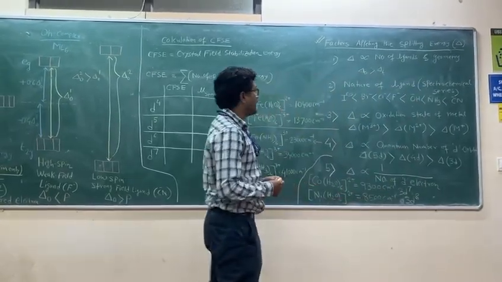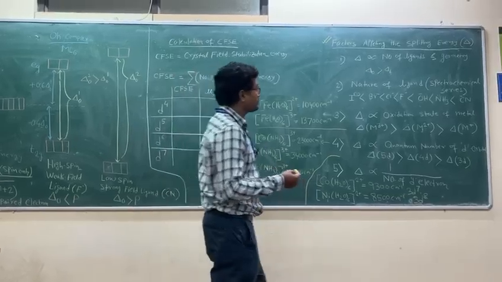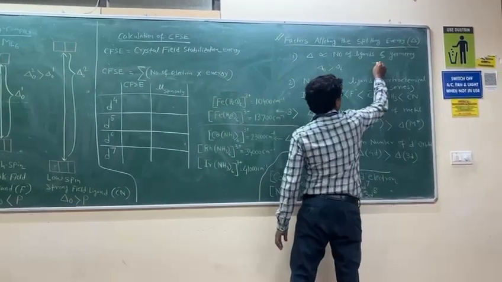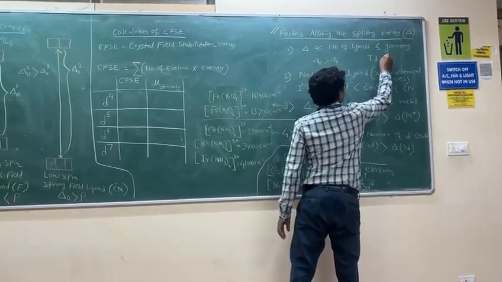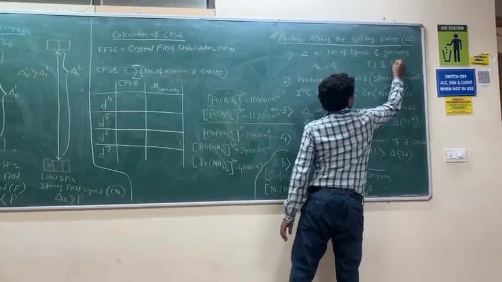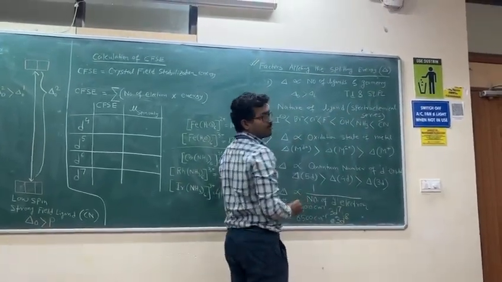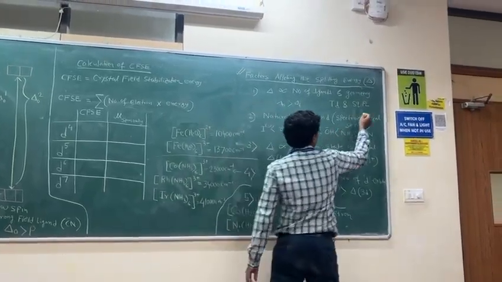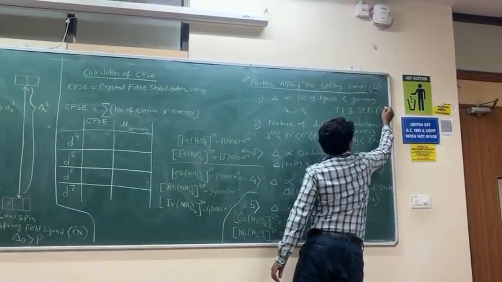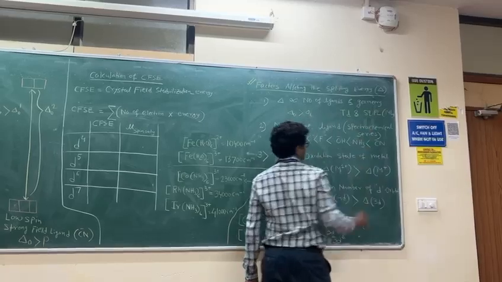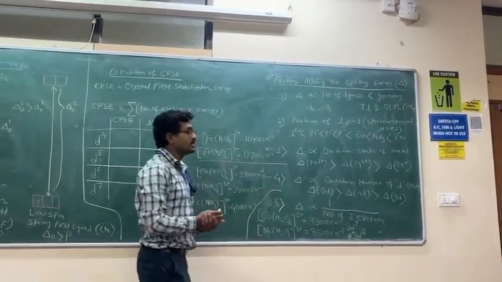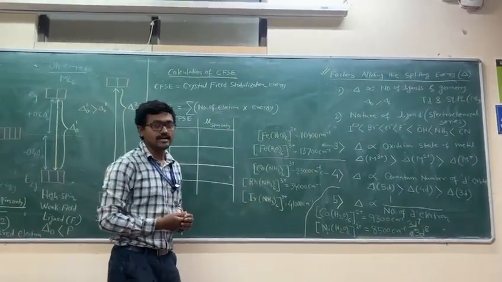If we compare the splitting energy of a tetrahedral complex and a square planar complex, both are actually ML4, right? Tetrahedral and square planar in both are ML4, meaning 4 ligands. But in case of square planar, the splitting energy will be very high.